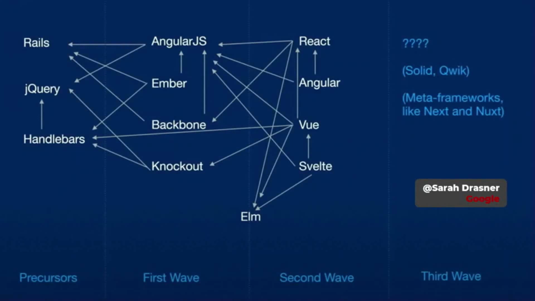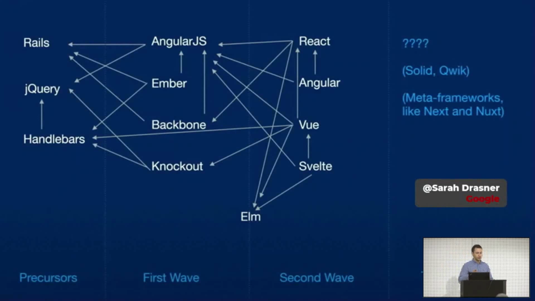So after doing that, we have this slide that I stole from Ms. Drasner. She's a director of technology at Google, so she knows way more about those things than I do. But she came up with that, let's call it a dependency tree, between all the different tools which were born from that point on. We can roughly divide them into precursors, like the old MVC pattern and server-side rendering in Rails, the revolutionary library jQuery, and then the first wave is born.